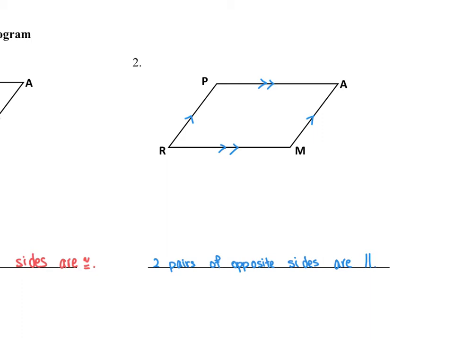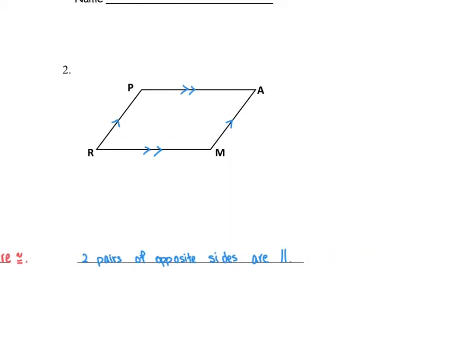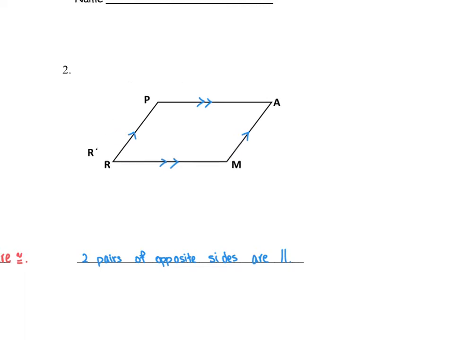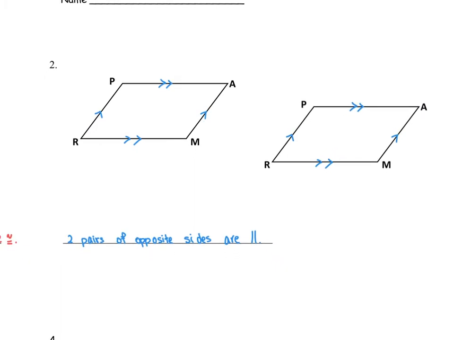Now remember, parallel sides give me congruent angles. So if I have this parallelogram and I draw a diagonal, so let's go ahead and sketch a diagonal, then I can use the Z, which is alternate interior angles, to say that angle APM is congruent to PMR.